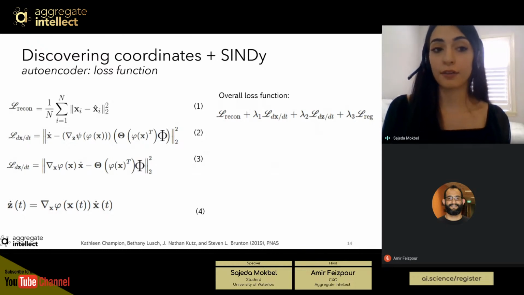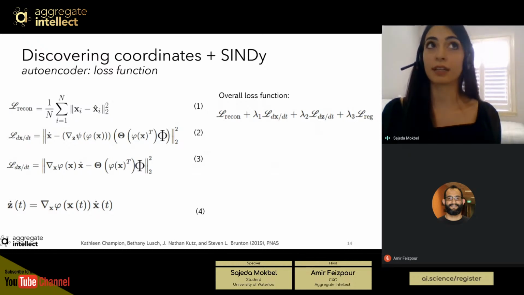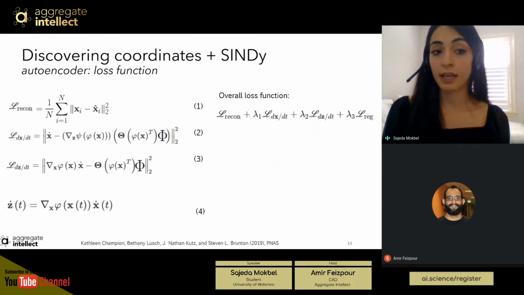So it combines the reconstruction loss from the autoencoder, equation 1, and then it also calculates the loss of the time derivative of x with the reproduced data's time derivative, to make sure it's getting the correct time derivatives.